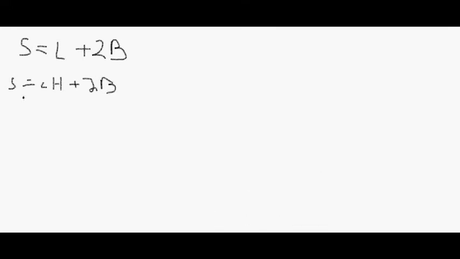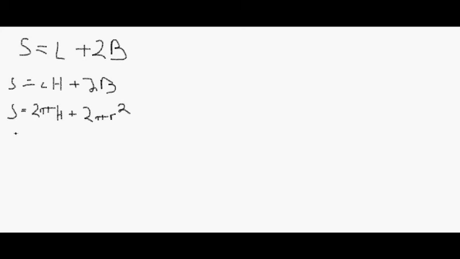And then this actually becomes, because the CH stands for circumference times height, which is 2 pi r times H, plus 2 times the base, which is pi r squared for the base. Alright, so there we go. Now we can solve this.